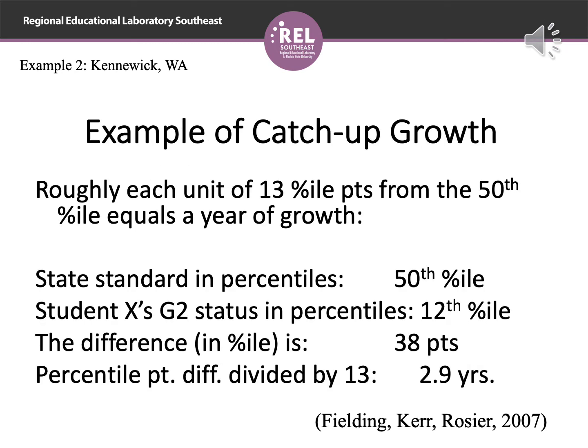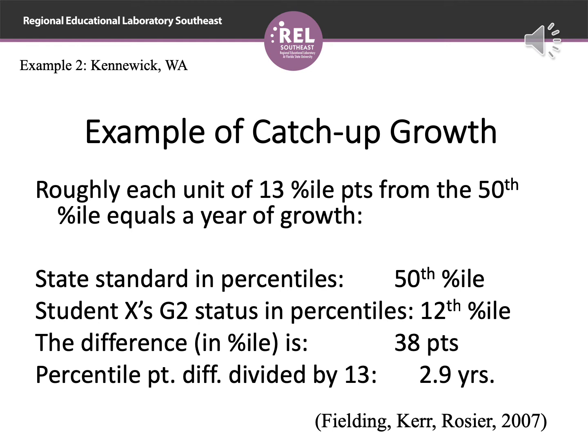On this slide, you see an example from Kennewick, Washington, of how they calculated the amount of time needed to catch up struggling readers. So they took their outcome data and figured out that each unit of 13 percentile points from the 50th percentile, which of course is average, equals a year of growth. So the state standard in percentiles is the 50th percentile, that's average.